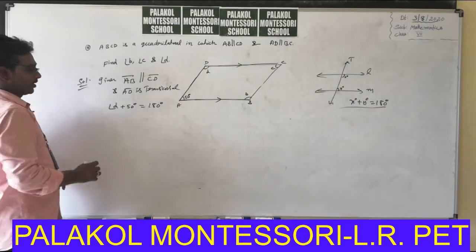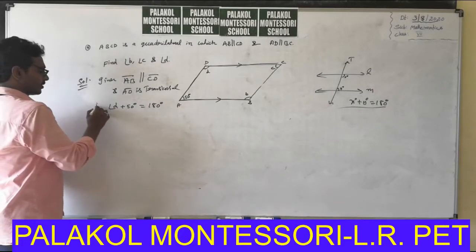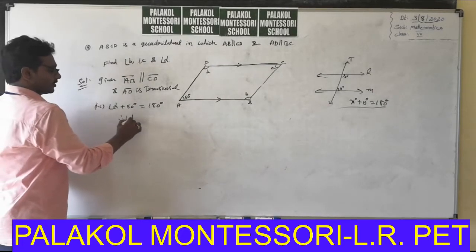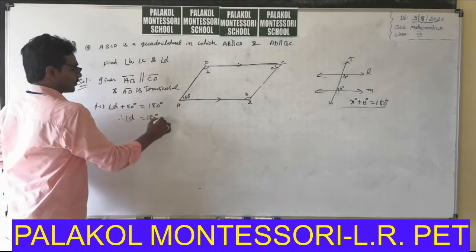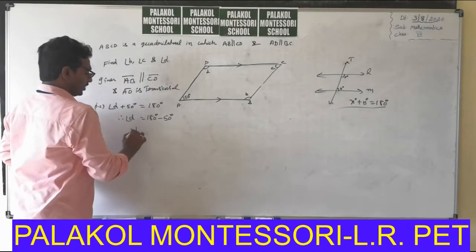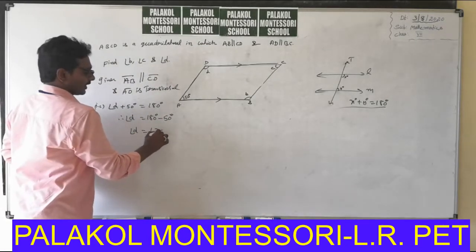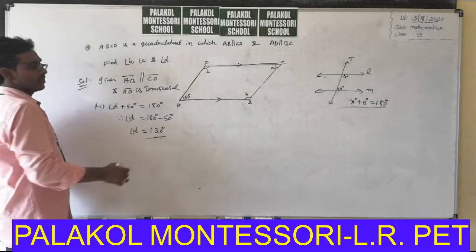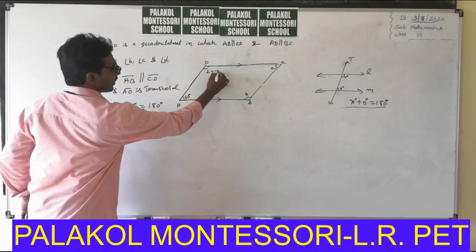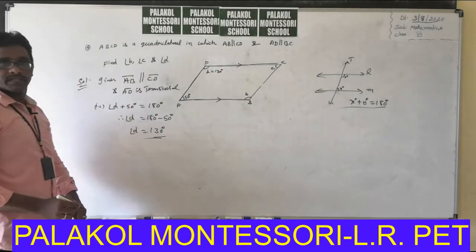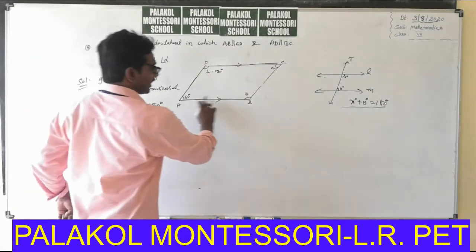You know that? So angle D is equal to 180 degrees minus 50 degrees. Angle D is equal to 130 degrees. This one is finished.